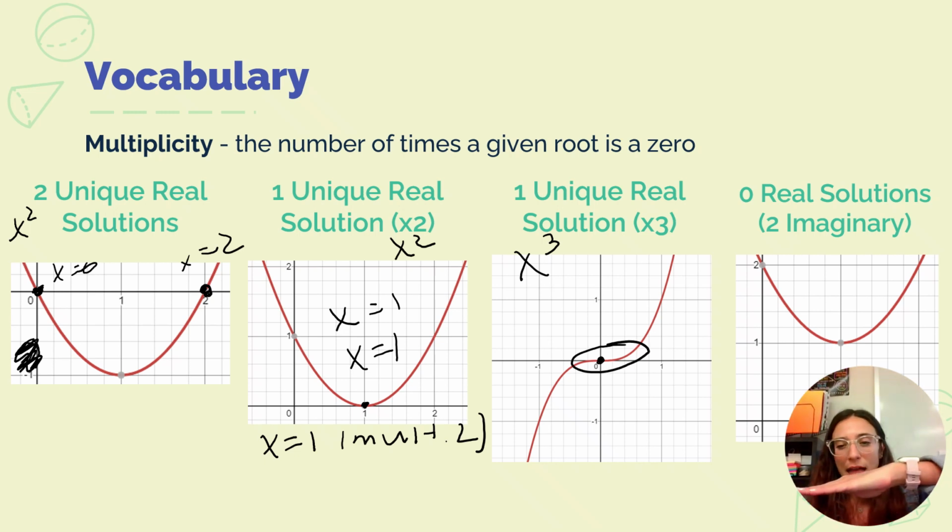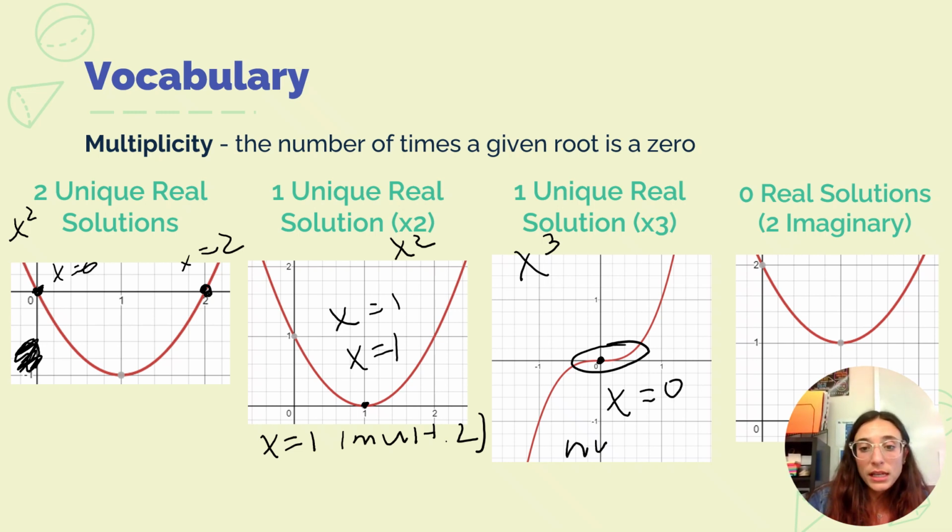It levels out a little bit and then goes back, where it switches from concave down to concave up. That is, I have that one 3 times. So I have x equals 0 with a multiplicity, mult 3. Over here, I had x equals 0 with a mult 1, and same with x equals 2, mult 1.